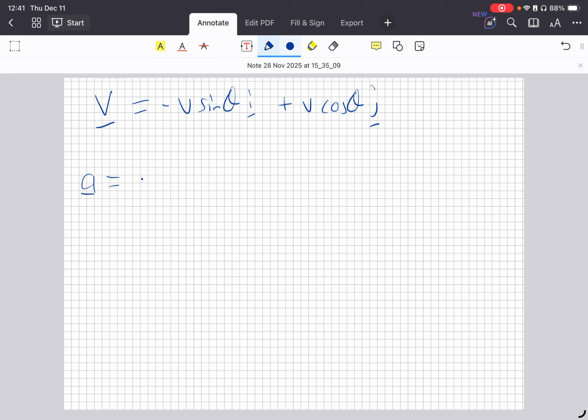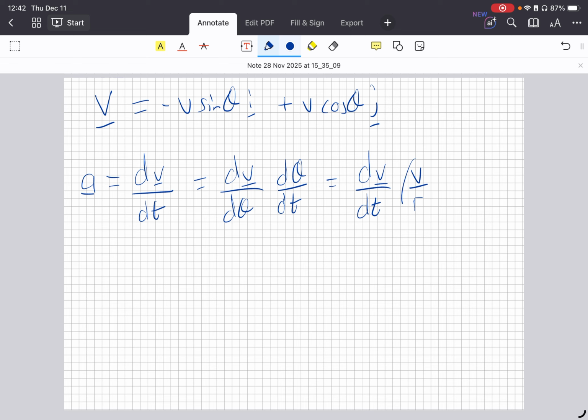So the acceleration, and again, one of our key concepts from last week, acceleration is just the rate of change of velocity with respect to time. And again, we can differentiate this expression with respect to theta, and then multiply again by d theta by dt, remembering that d theta by dt is just v over r. All right, so let's do that just one more time.